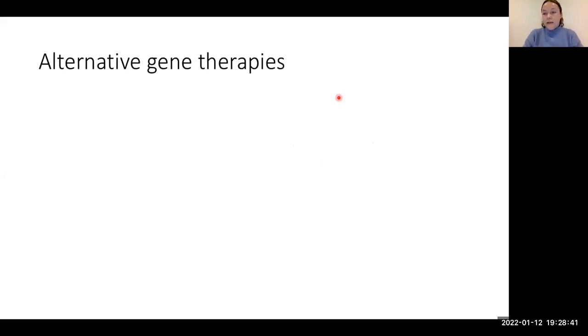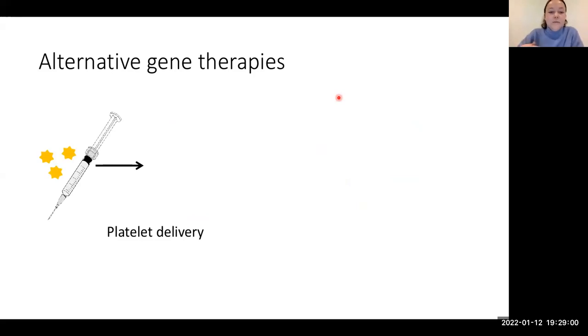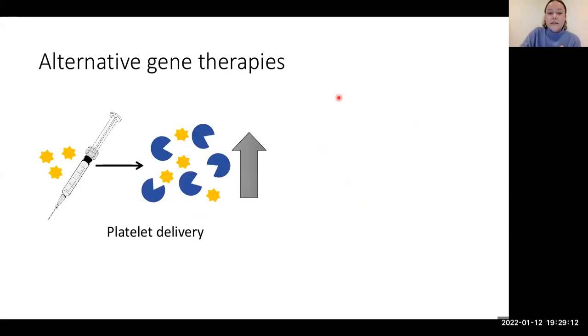Just to say that we're not the only ones looking at gene therapy for TTP. There are multiple labs around the world looking at it. And the difference between our approach and other people's approaches is that another tactic taken by another lab is that instead of delivering the virus, the gene therapy product, you deliver platelets that have been modified so that they can produce ADAMTS13 themselves.